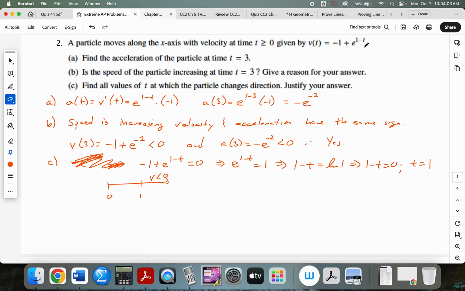If I substitute in something like 1/2, I would have e to the 1 minus 1/2, that would be the square root of e. So the square root of 2.7, I don't know what it is, but I know it's more than 1, right? And so something more than 1 plus negative 1, that's going to be positive.